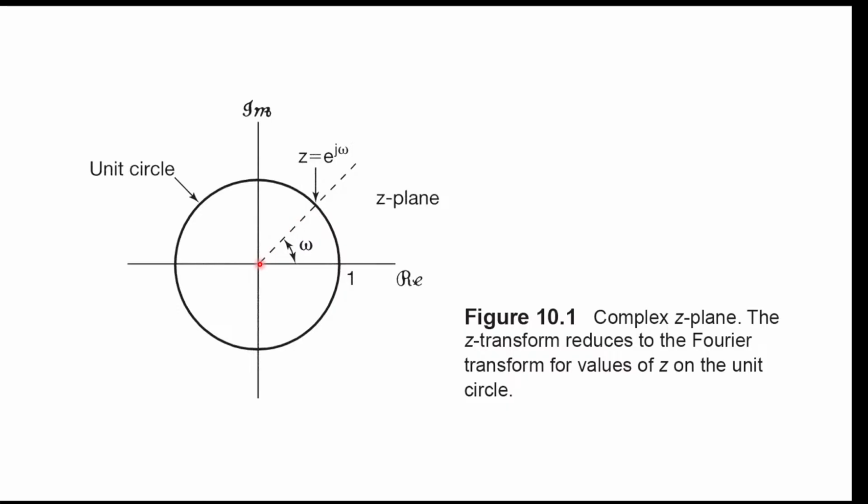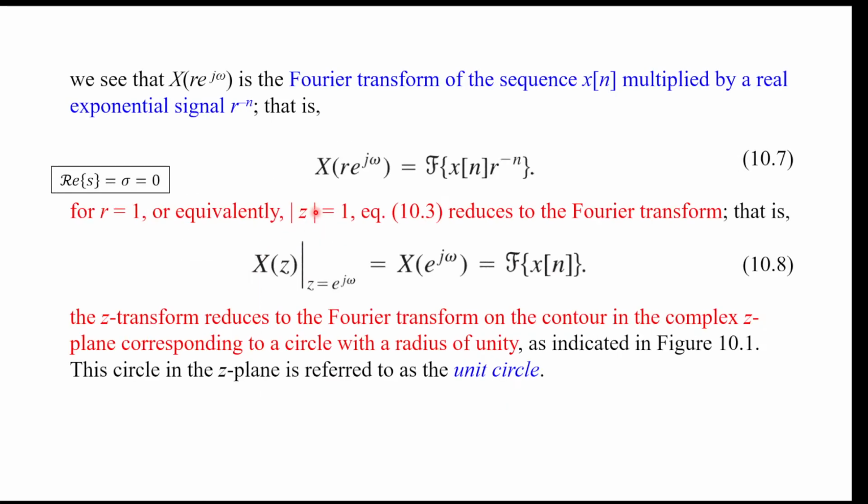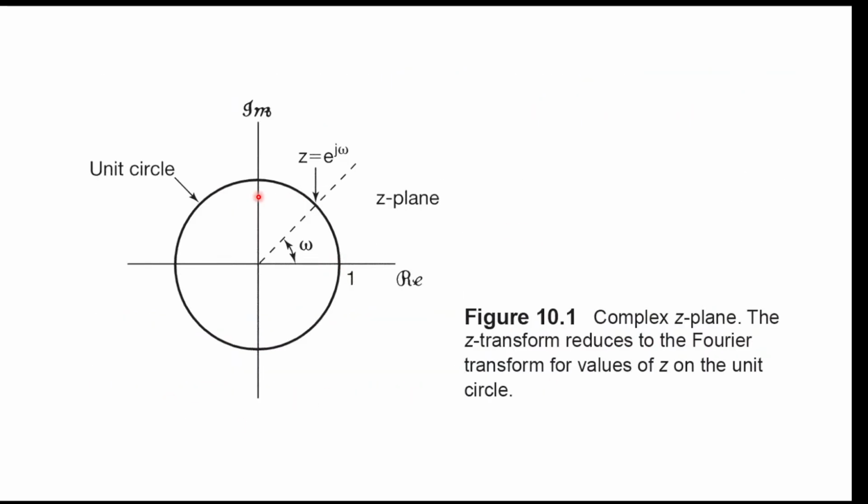It is called the unit circle because it is a circle with radius 1, and we are going to keep using this name. This is quite similar to the Laplace transform, so hopefully everyone is okay with this.